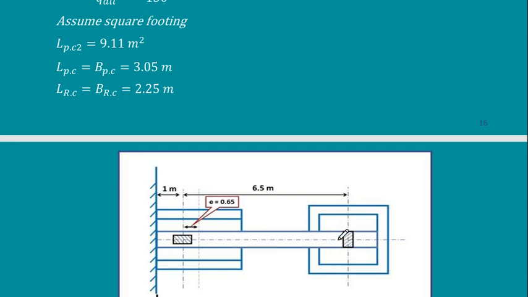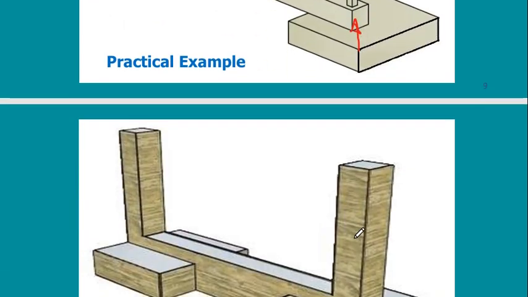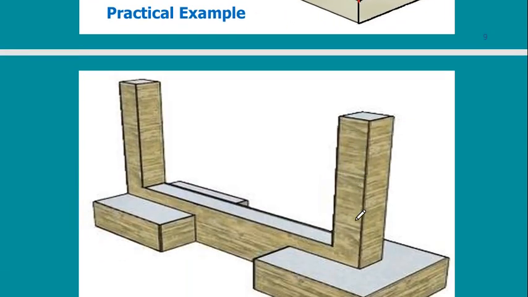The column has no effect directly on the footing. Here, this is the column. The column really does not reach the footing because my strap beam is reaching till the column. So actually, the length and the breadth of the column here are not very important.